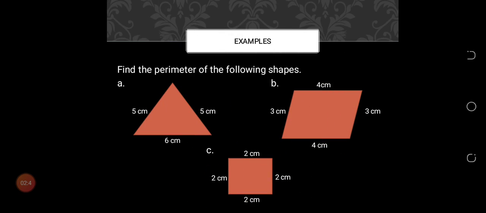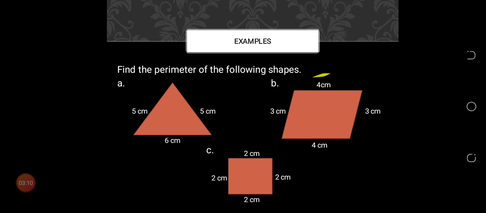So let's continue. Here are some examples. It says find the perimeter of the following shapes. You have a triangle, a rhombus, and a square. The triangle has 5 centimeters at its side, 5 centimeters here, 5 centimeters here, and 6 centimeters below.